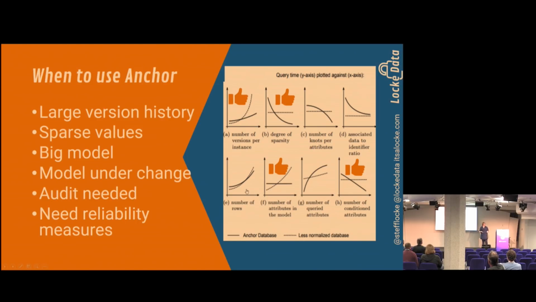If your model's changing a lot, definitely consider anchor modeling because the changes are additive and you don't have to write the deployment script. So there's no mistakes. I love that there's no mistakes.